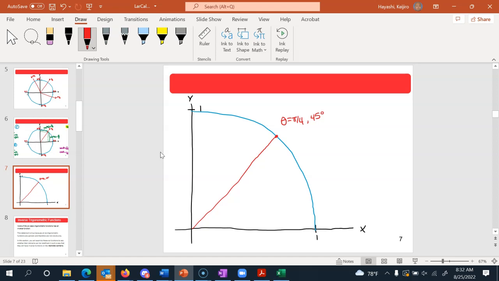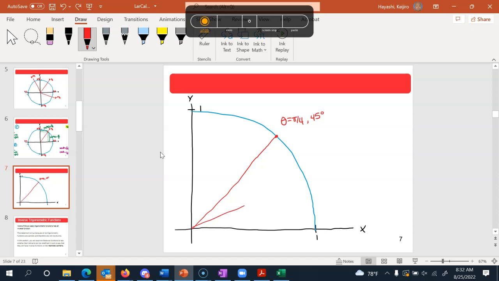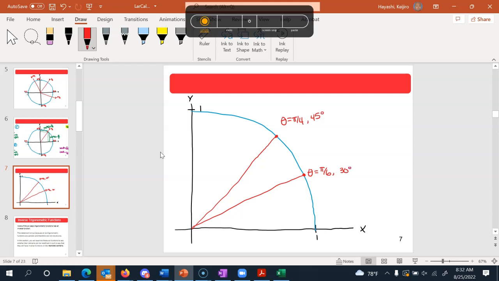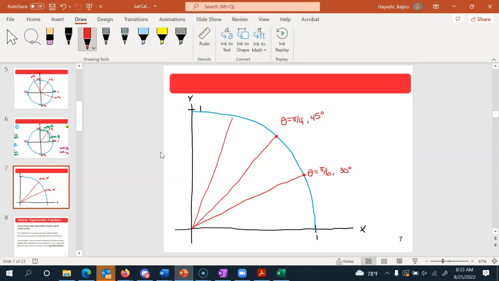There's also this sort of 30-degree angle, and that angle is pi over 6. If this helps you imagine where it is, it's about 30 degrees. And these are all measured from the positive x-axis.